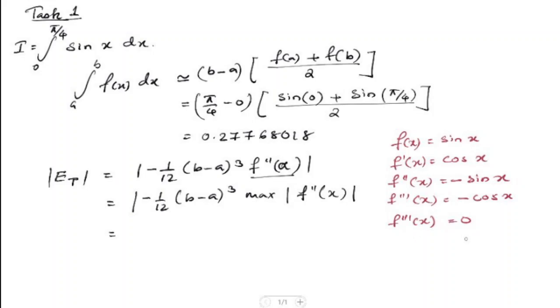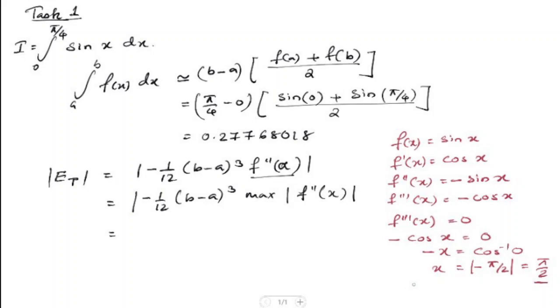So if we equate minus cos x equal to 0, then we have minus x equal to cos inverse of 0. So x is equal to minus pi over 2, the absolute value of which is pi over 2. So pi over 2 is supposed to be our alpha, but here there is a problem.